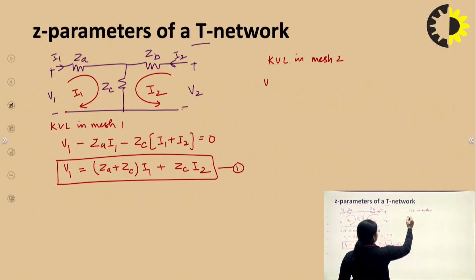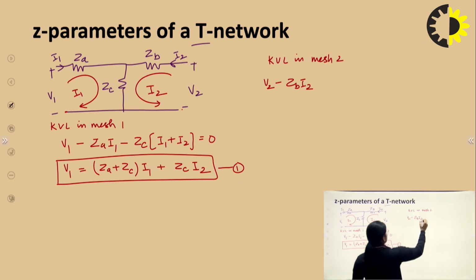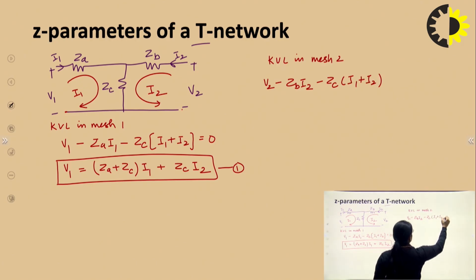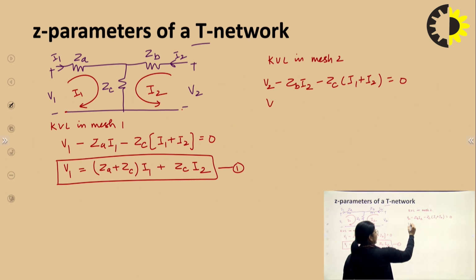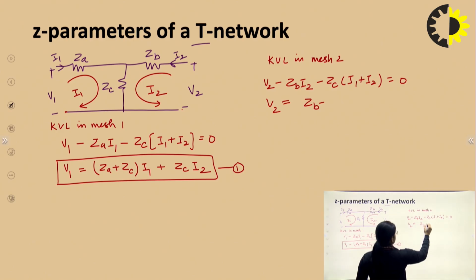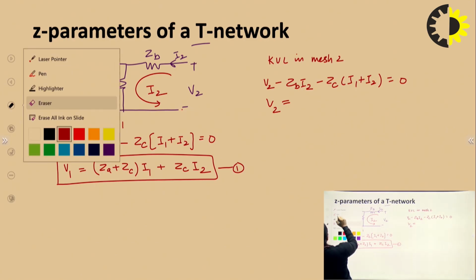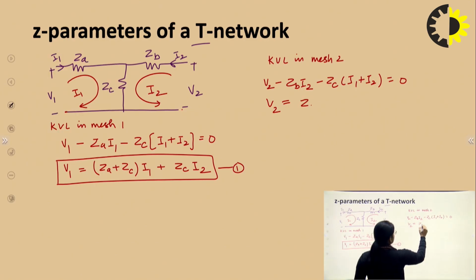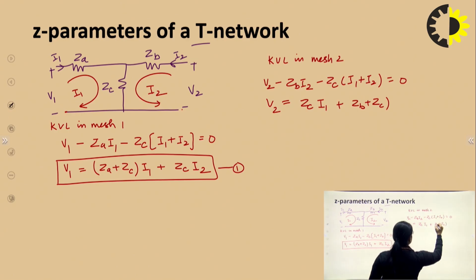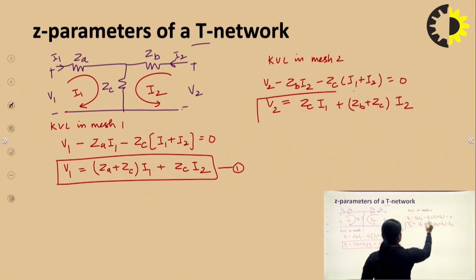This will be plus V2 minus ZB I2 minus ZC (I1 plus I2) equals 0. Rearranging this equation, we get V2 equals ZC I1 plus (ZB plus ZC) I2. This is equation 2.